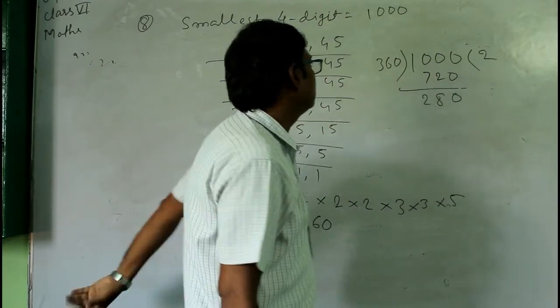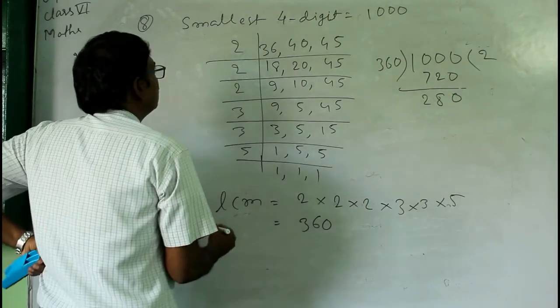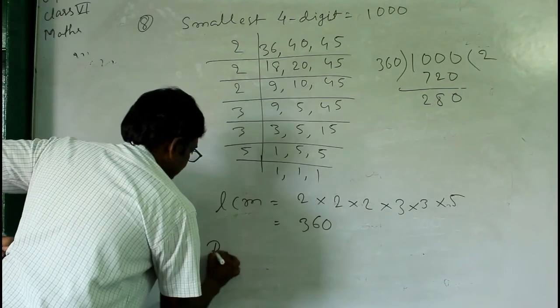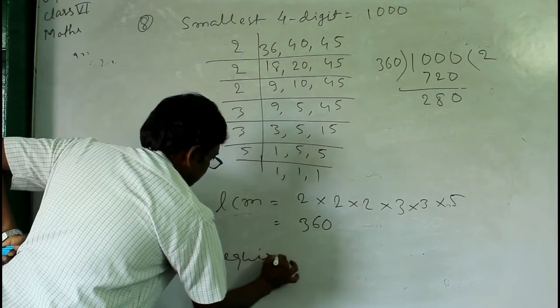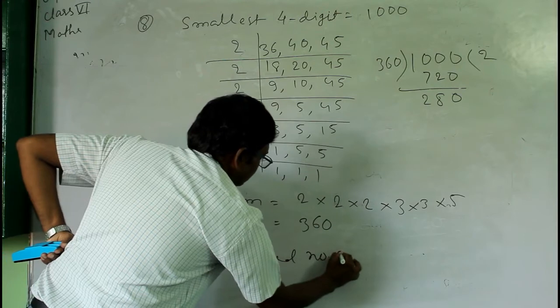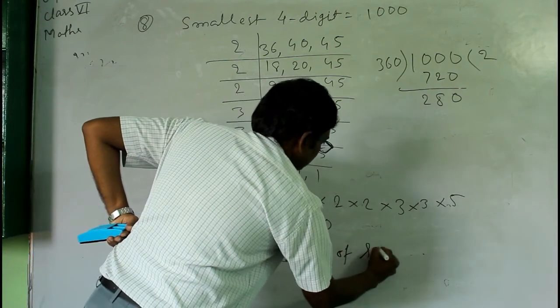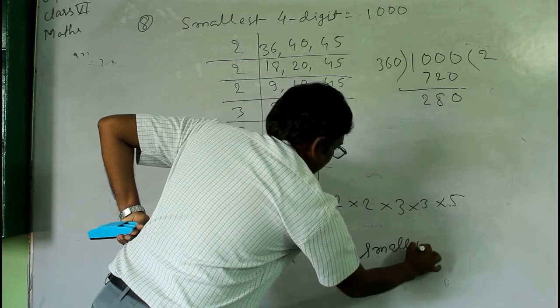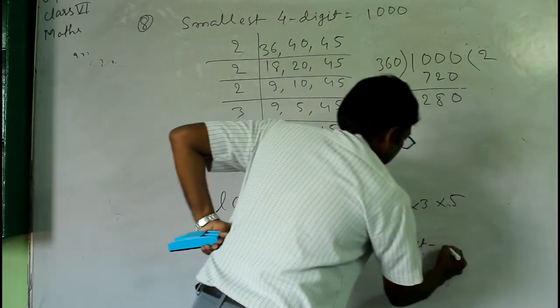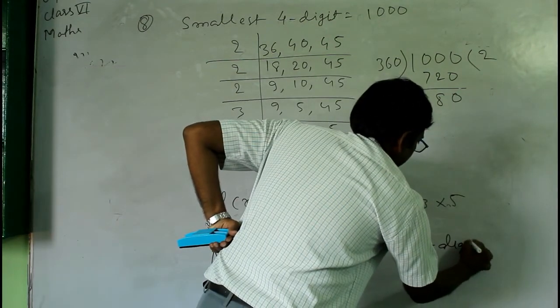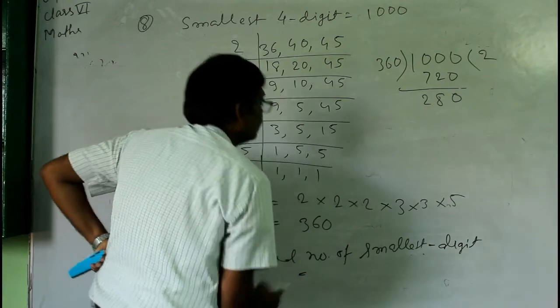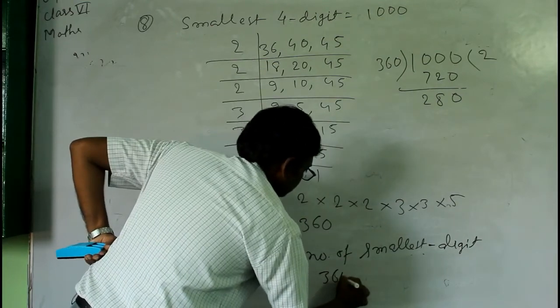Then the next number will be the number here. So here the required number of smallest 4 digit equal to, it will be 360 into 3.